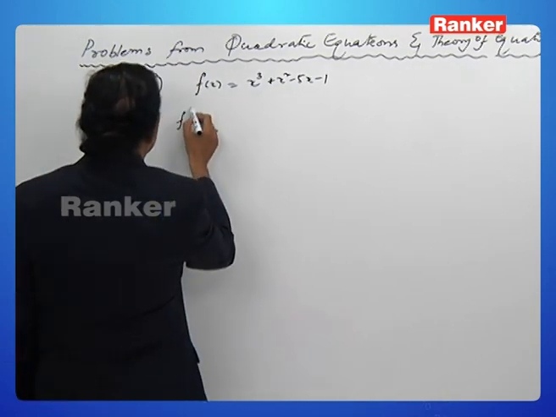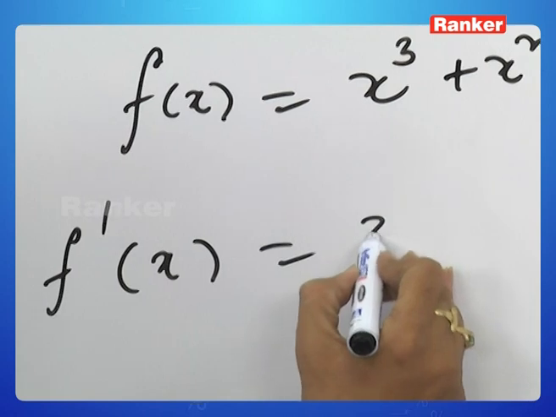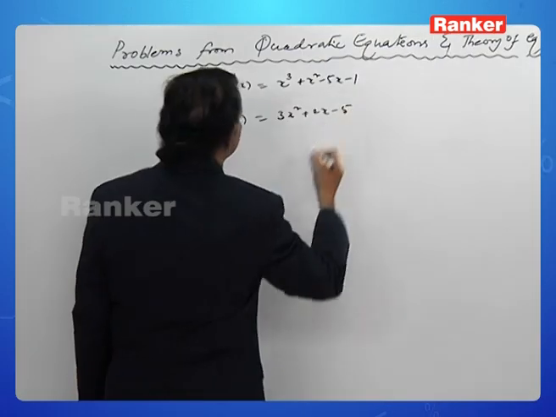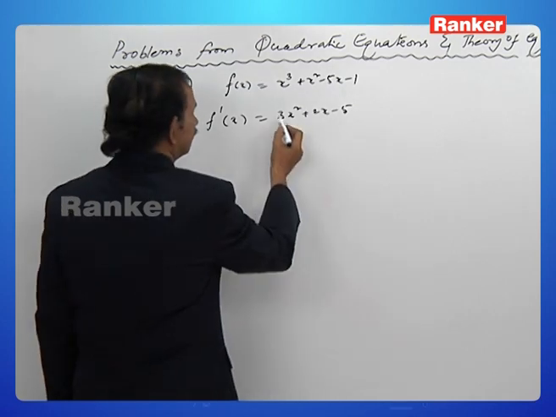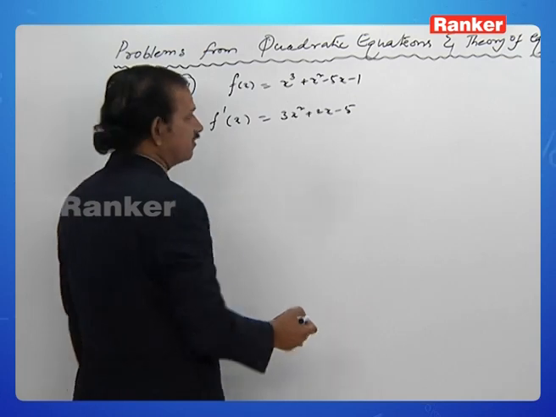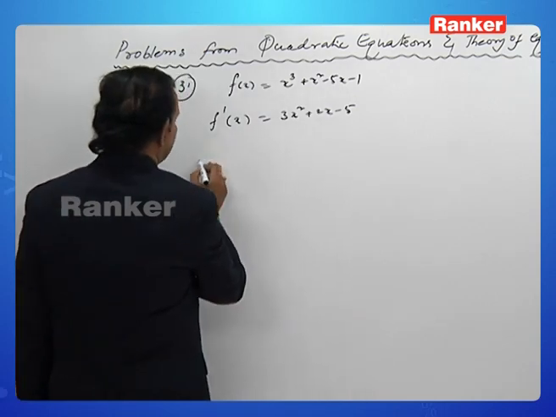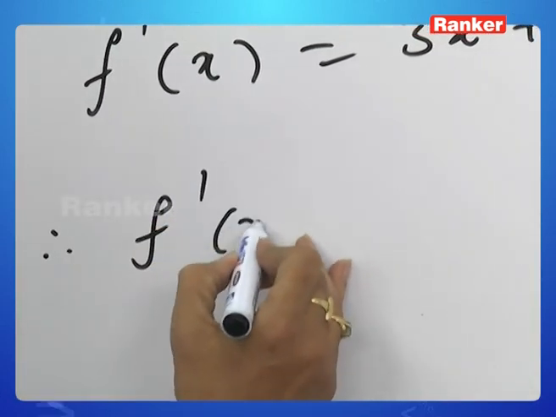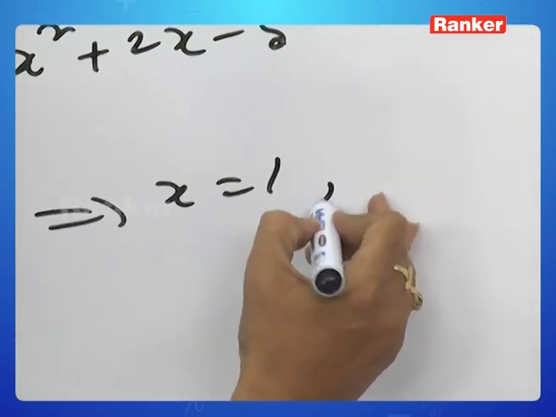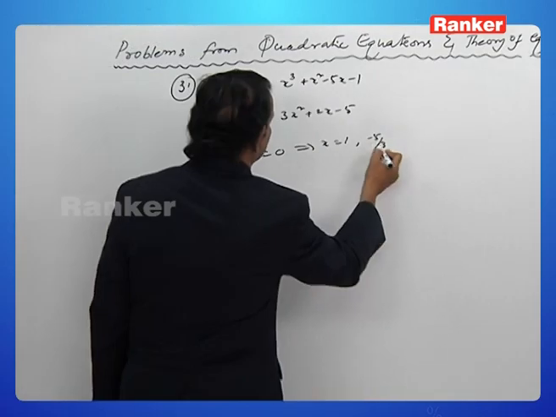What is f dash x? It is 3x square plus 2x minus 5. You observe the sum of the coefficients is 0. So x is equal to 1 is definitely a root of f dash x equal to 0. Therefore, f dash x is equal to 0 implies x is equal to 1, comma, minus 5 by 3.